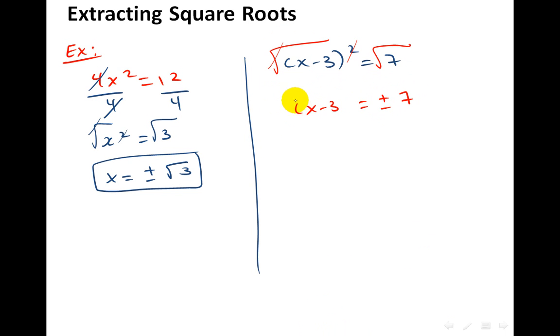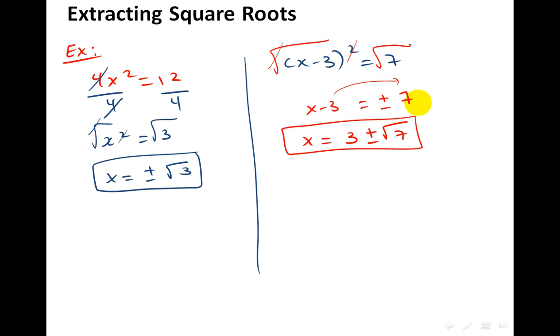Now to make x by itself, what you can do is take the 3 back. So x equals 3 plus or minus root 7. Don't forget, here it will be positive 3 because here it was negative. When I change the place, it will be positive. So this will be our final answer.